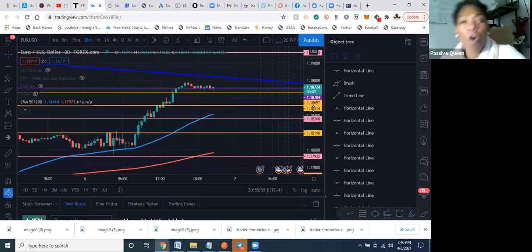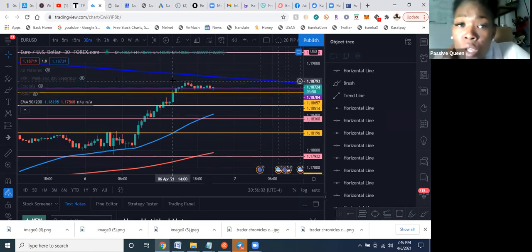Now, honestly speaking, like I said before, this is the 30 minute. You could put a buy limit, and this is just what I would do if I was going to be aggressive. Hypothetically speaking, I will put a buy limit at 1.18801.